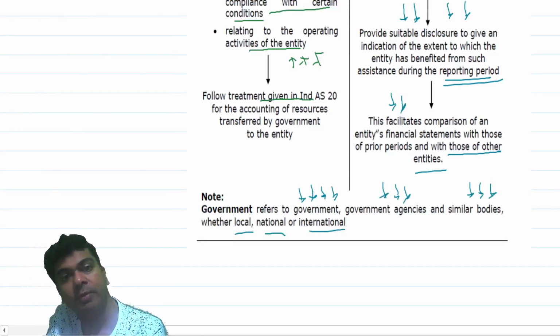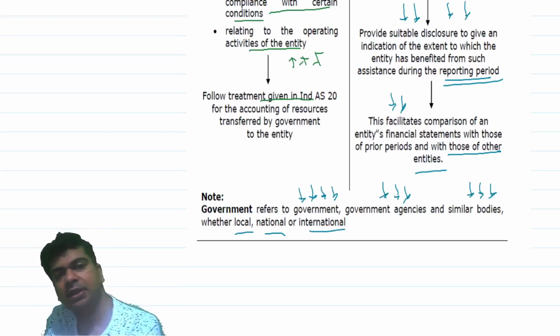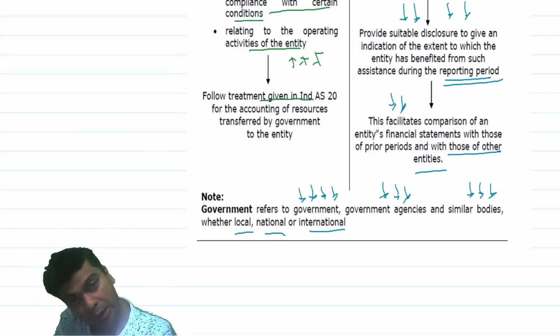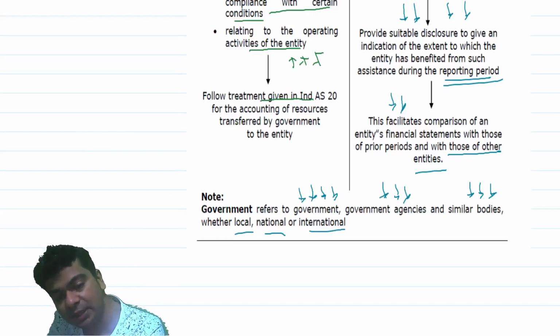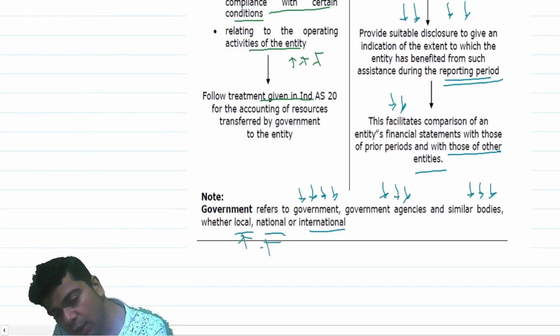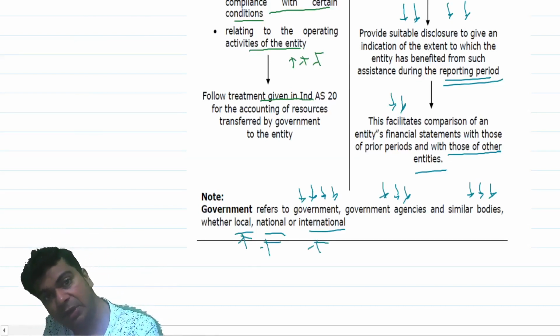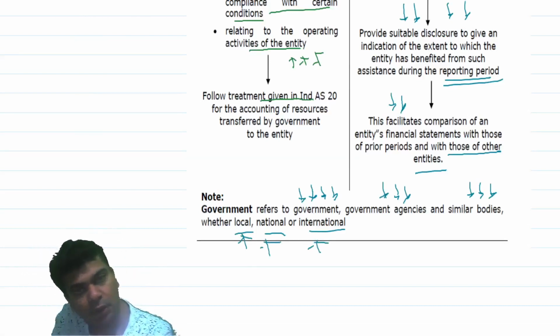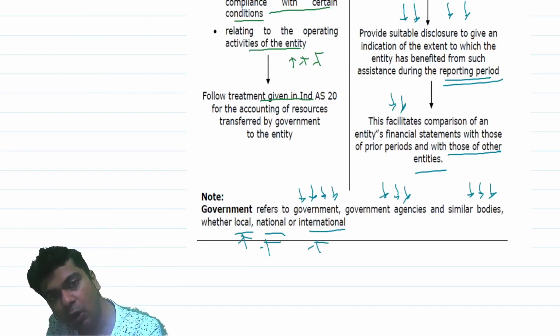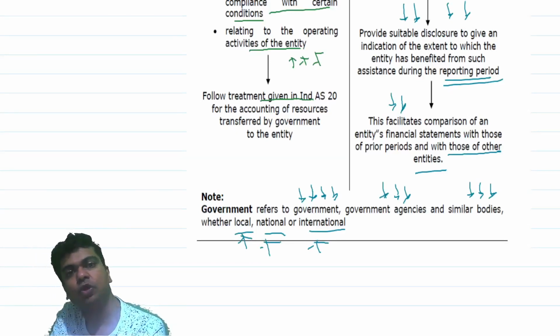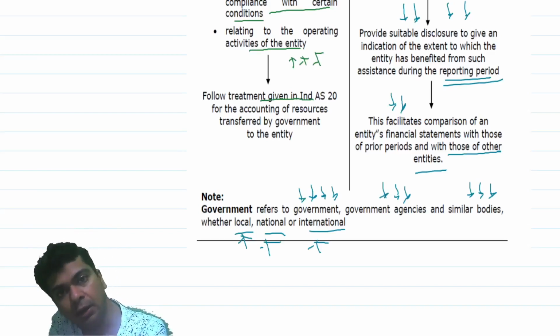The central government is designing a scheme. The state government is designing a scheme. The local municipality is designing a scheme. Doesn't matter. It can be local, national, it can even be international. Similarly, government agencies and similar bodies will all be understood as government. Any transfer of resources from them is a government grant.